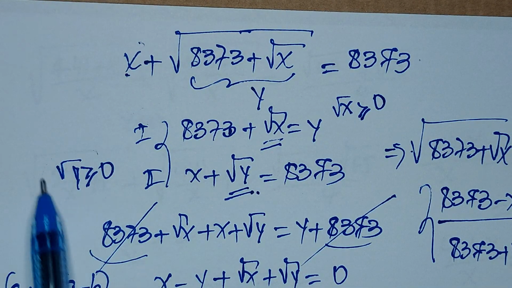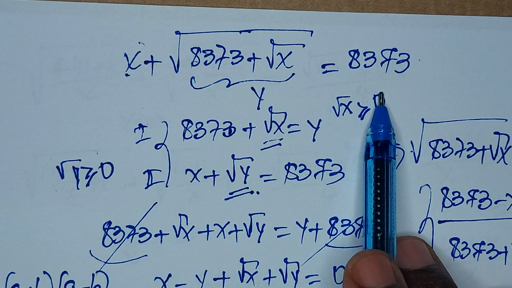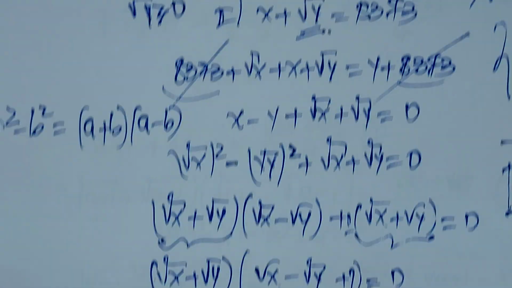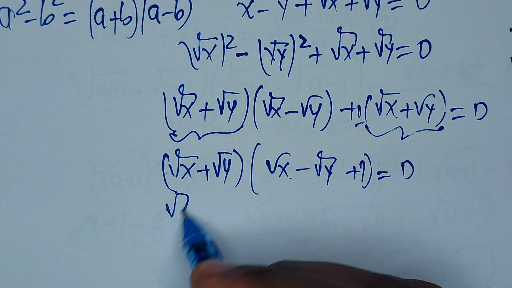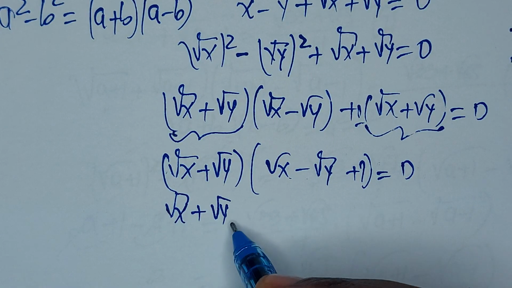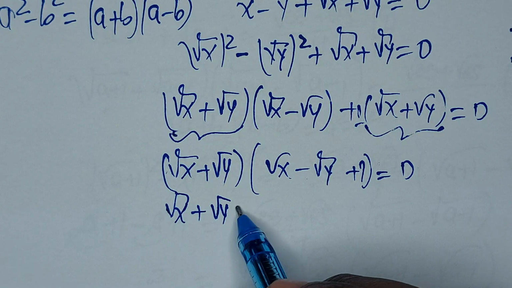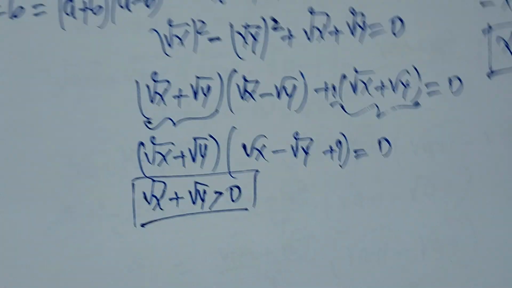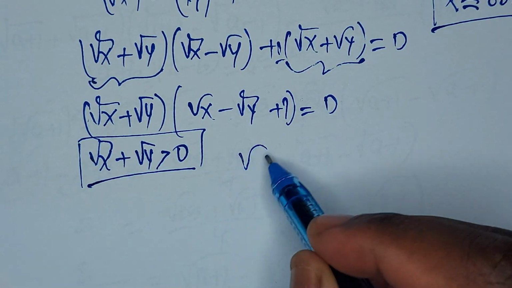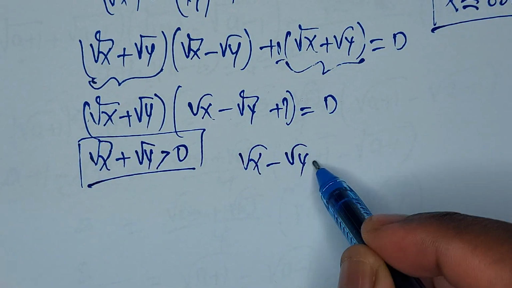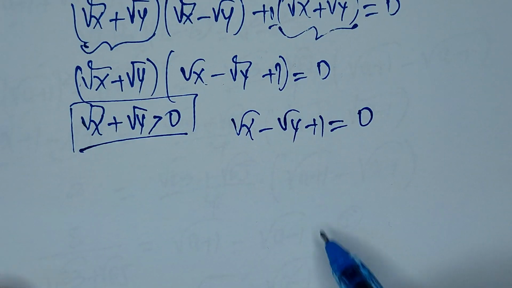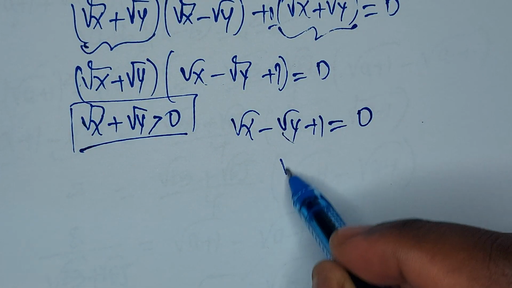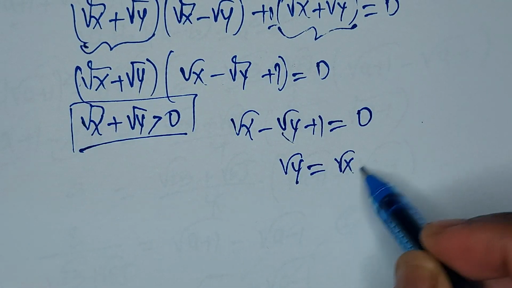So if square root of y and square root of x are both greater than or equal to 0, it means that square root of x plus square root of y is greater than 0. So I'm going to work with this part, which is square root of x minus square root of y plus 1. This is equal to 0. Sending this one to the other side, I would have square root of y equals square root of x plus 1.